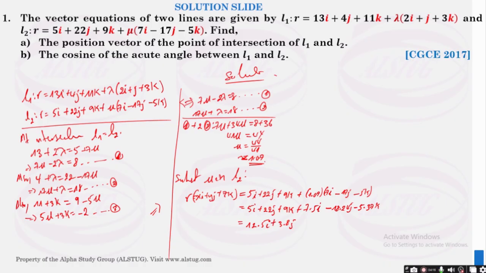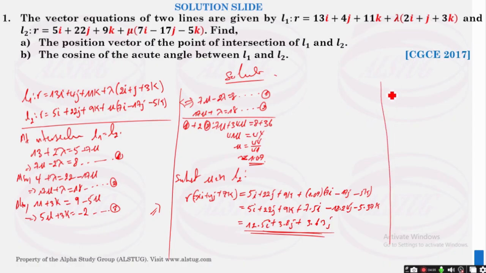So 9 minus 5.37 gives us 3.63k. This is the position vector of the point of intersection of these two lines.